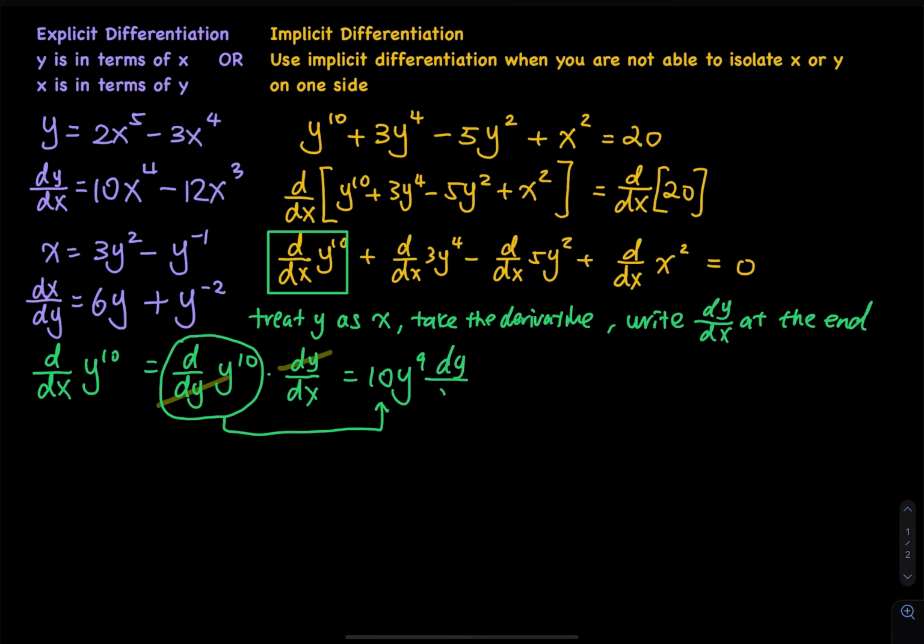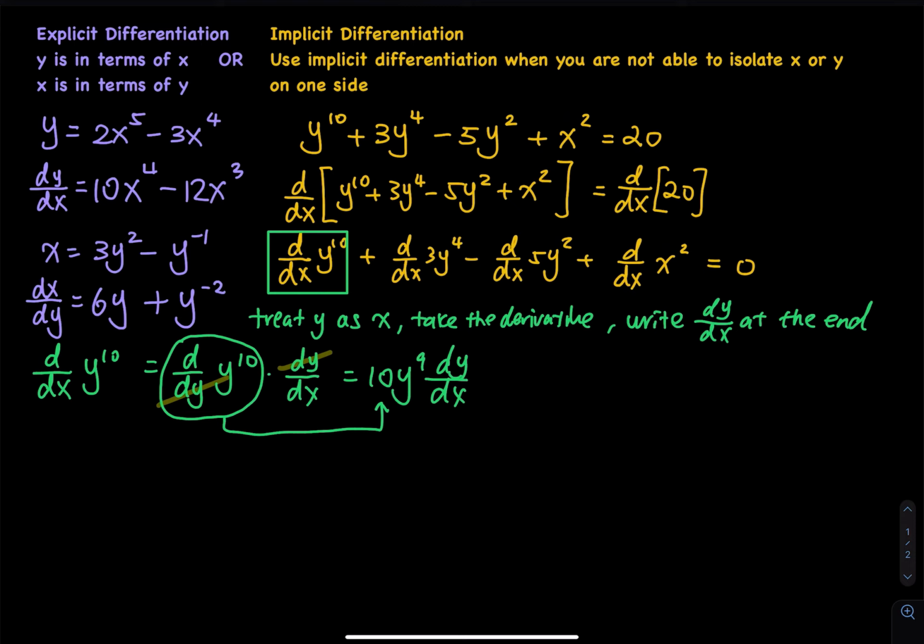So what's left? Taking this gives you 10 y to the 9th power, and then the rest is just a dy/dx. What did I ask you to write down? Read that to yourself. You treat y as an x, take the derivative, and then write dy/dx at the end. So when you encounter this situation, d/dx of y to the 10th power, when there is no x for you to differentiate and you only have a y, all you have to do is, listen, you do the power rule anyway, whatever rule that is.